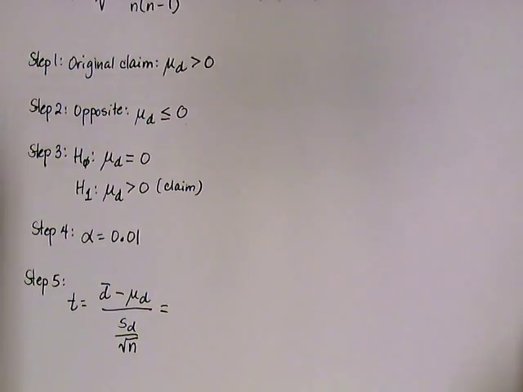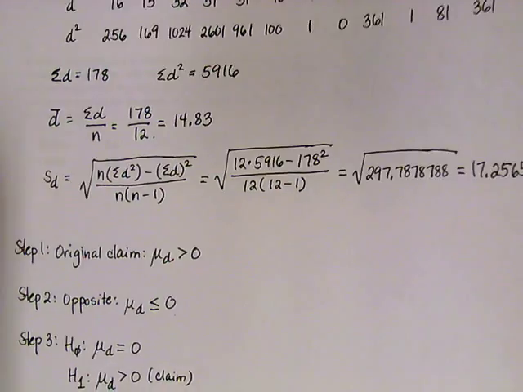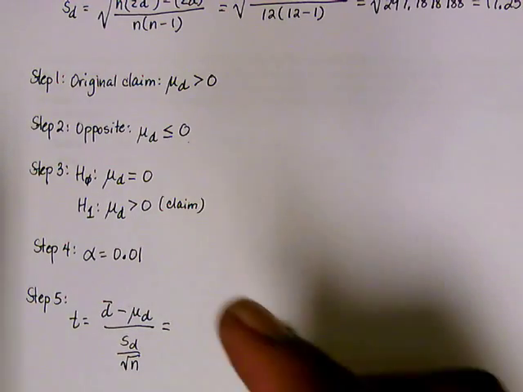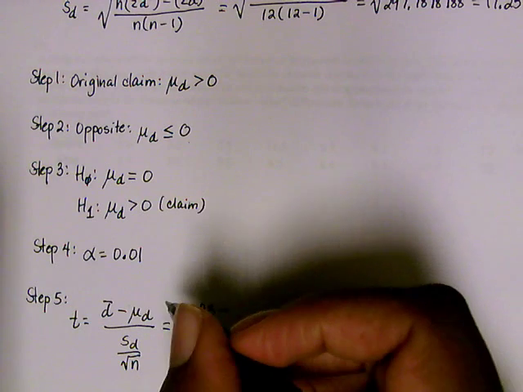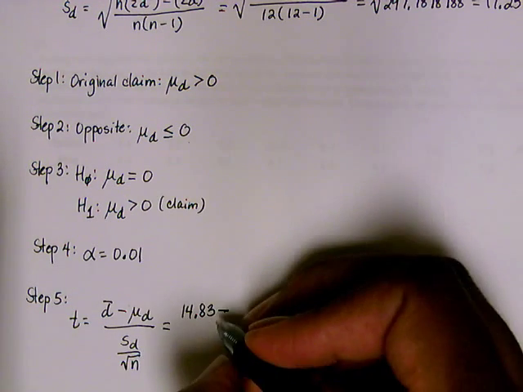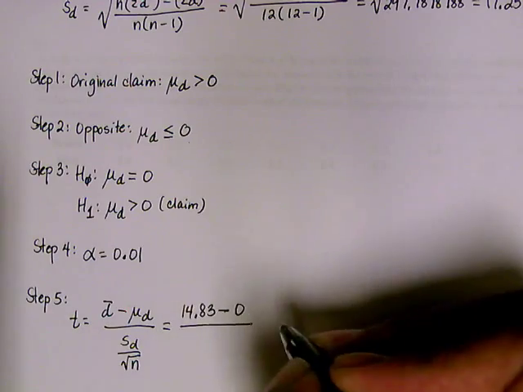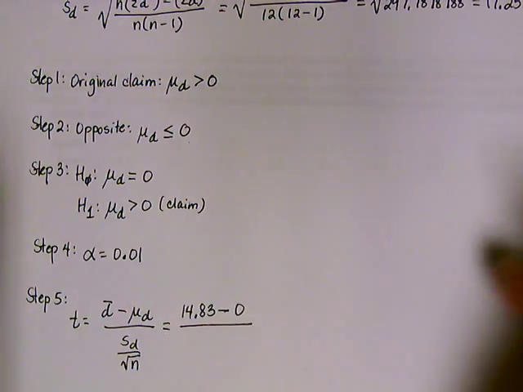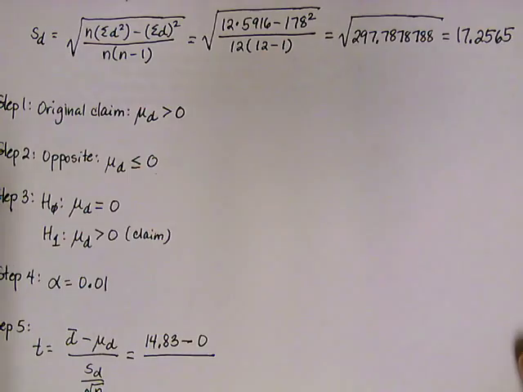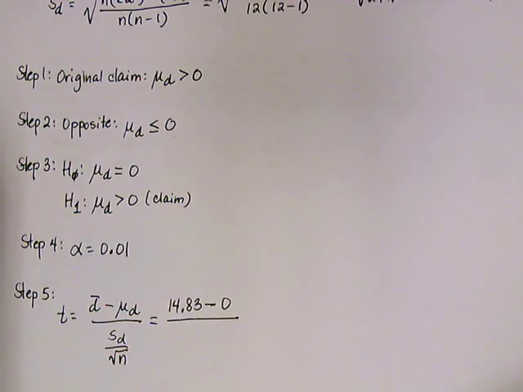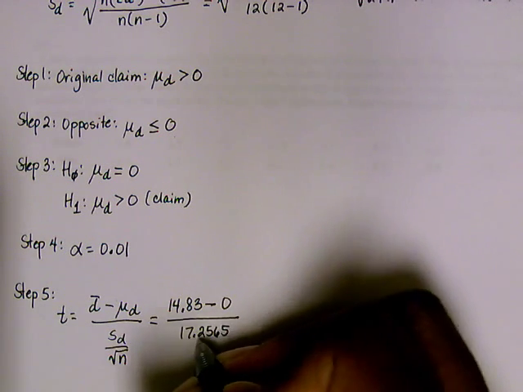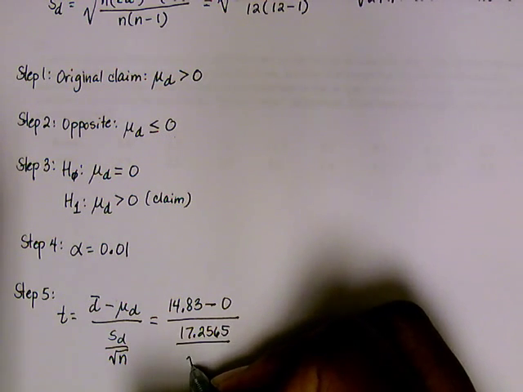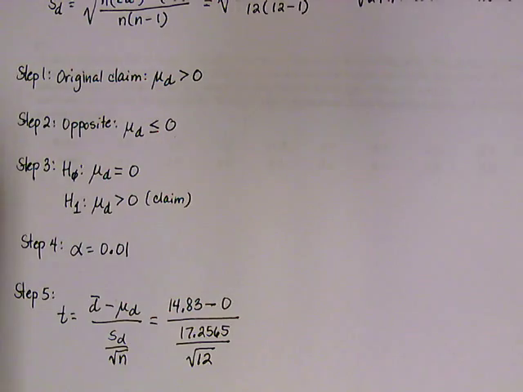That d bar, which we calculated earlier, was approximately 14.83, minus mu sub d, which is from the null hypothesis, that's 0, all divided by s sub d. We found that to be 17.2565, so let's use that, over the square root of n. And n is 12. That's 12 pairs of data, so we have the square root of 12.